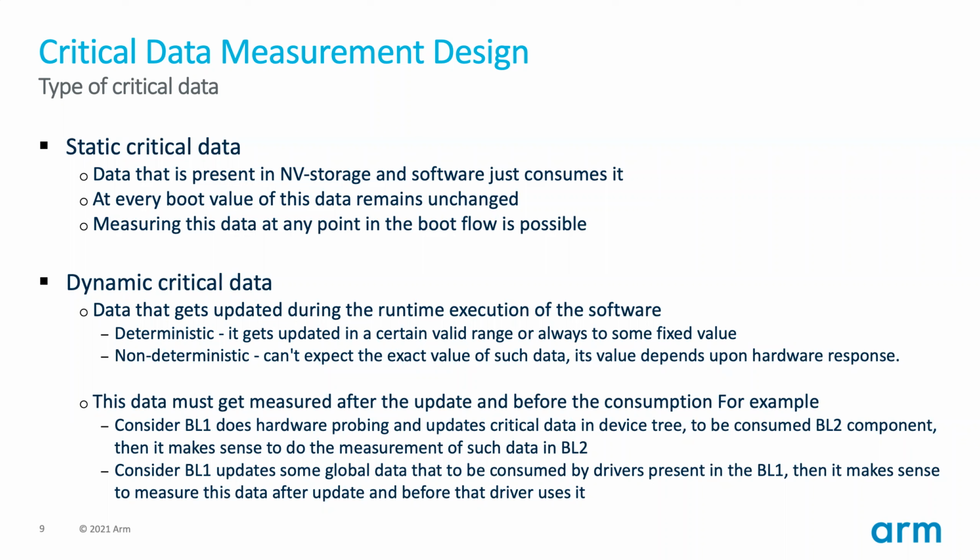Okay, yeah, but what I thought is, whoever is consuming, over there it makes sense to know what the value is. So suppose BL2 is always consuming after the update, then it is better to measure it after the update only.